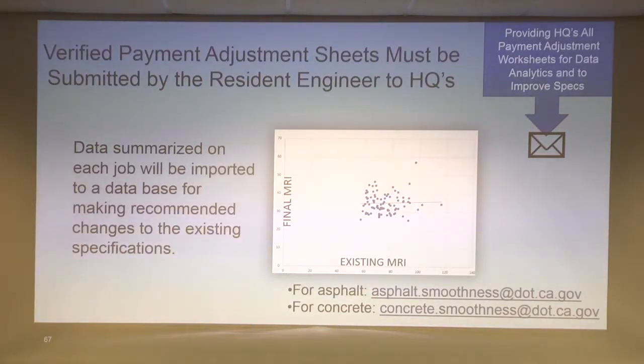Some of the formulas that industry brought forth were based on data that they thought they had. We didn't necessarily have good data on the Caltrans side to refute it. So when they came up with the achievable smoothness limits, which was 0.3 times MRI existing plus 35 for percent improvement, we didn't have a lot of data to fight back and say, okay, that's a good formula, not a good formula.